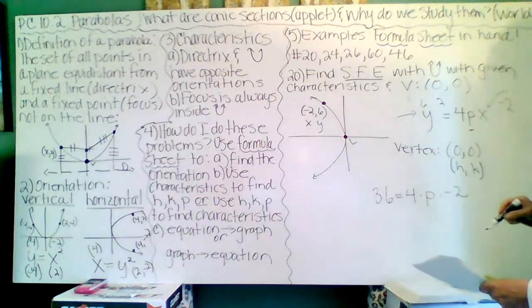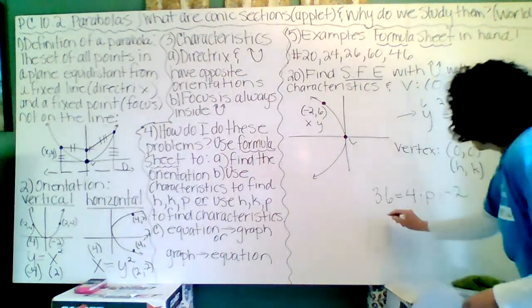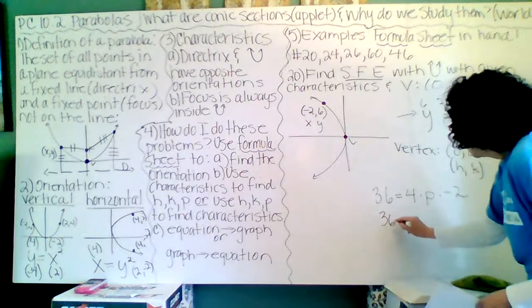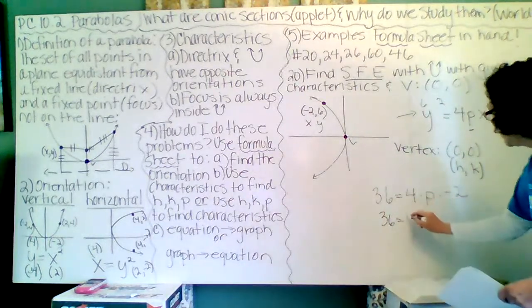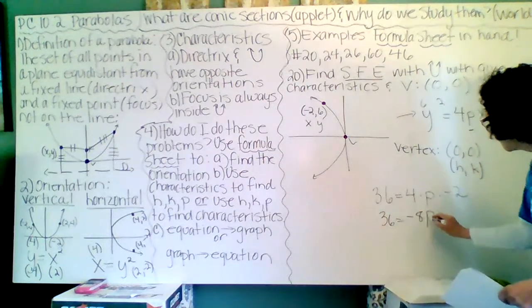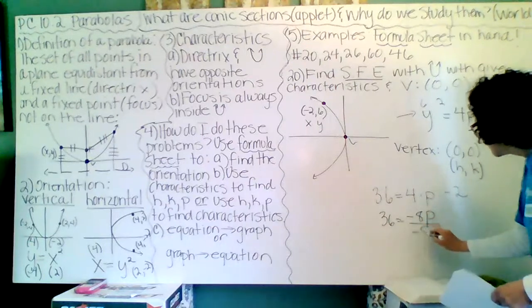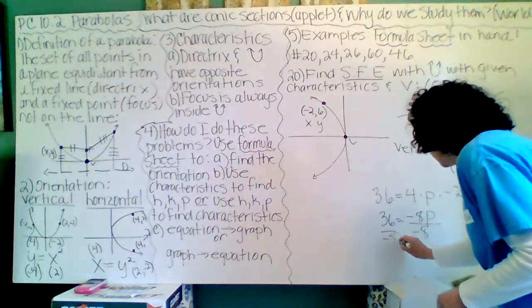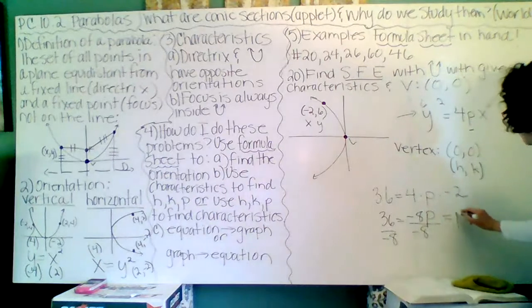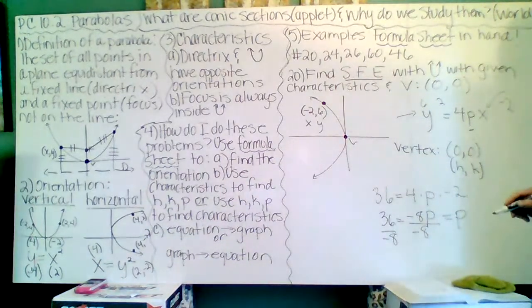There we go. So I have that 36 equals -8P, right? And I'll divide both sides by -8. So notice I get P equals 36 over -8.